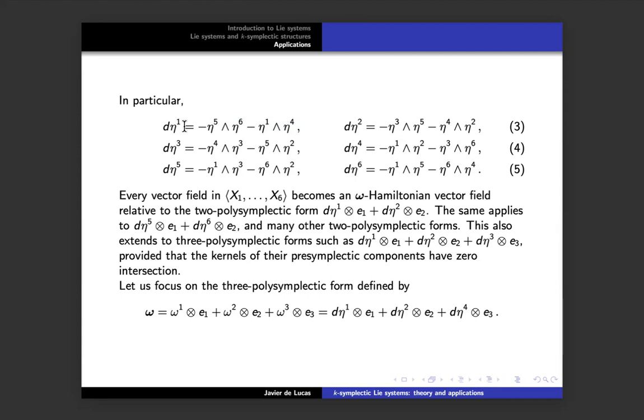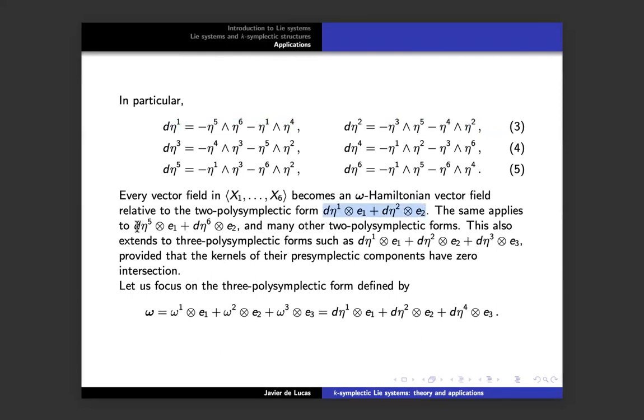So you immediately see the kernel of this, and you know that it is closed. As I said, the kernel of this is 2, 3, and the kernel of the other is 1, 6. Since their kernels have no intersection, this is a polysymplectic form.